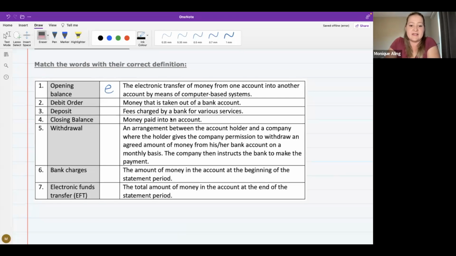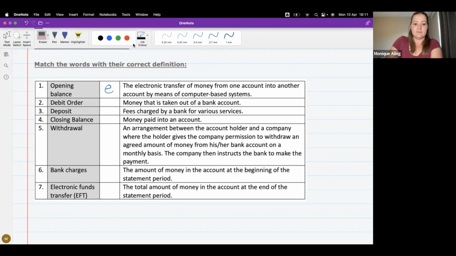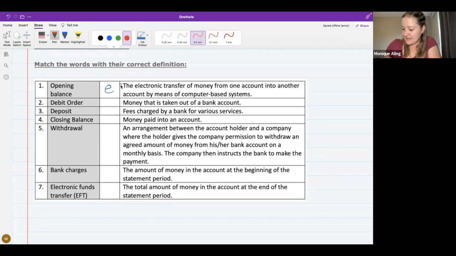I see no one's answered that one. Are we afraid of that definition? I can see 2C is an option. It's not C. Ntando says it's E.